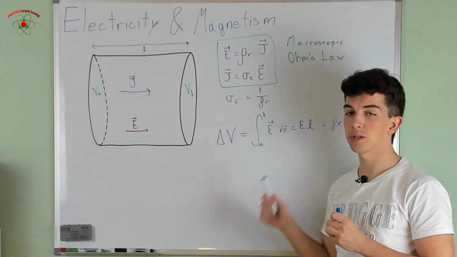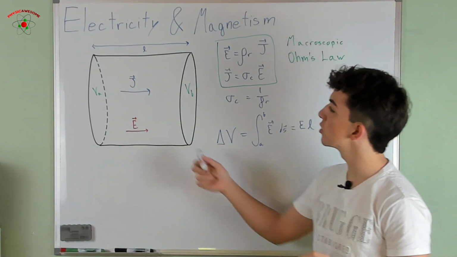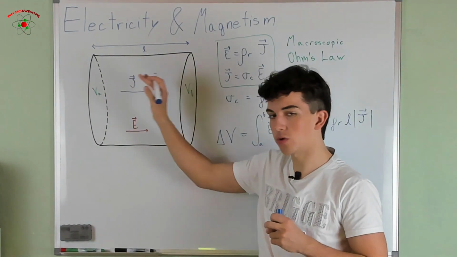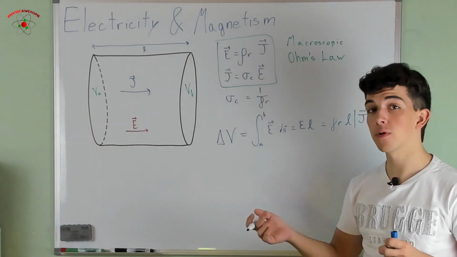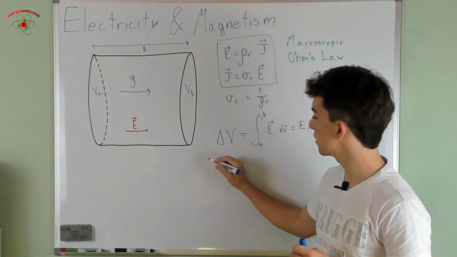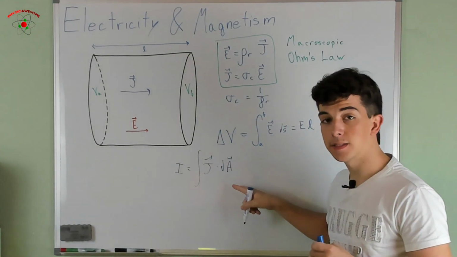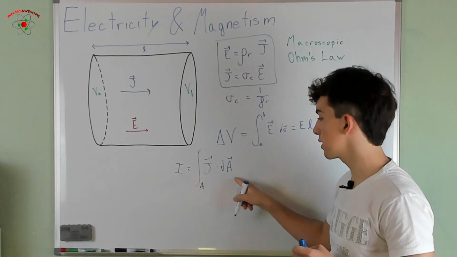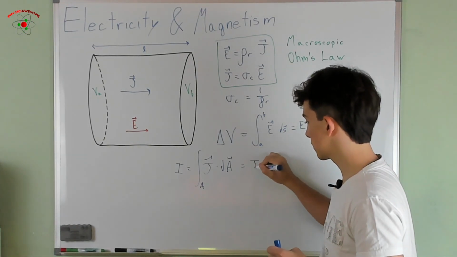Similarly, we also know that our current density is going to be constant throughout this cross-section. Therefore, in this equation, we can take out our current density and just integrate over the area, which is going to give us I equals J A.